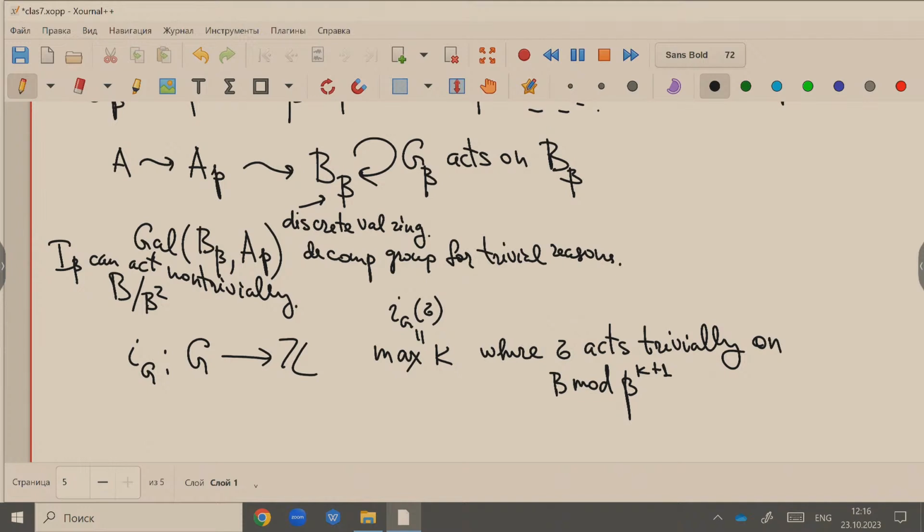Sorry, this is a map not from the Galois group, but from the decomposition group already. So you start thinking of the decomposition group. It fixes all powers. So for each element of the group, you may consider the maximal power k where sigma acts trivially on beta.